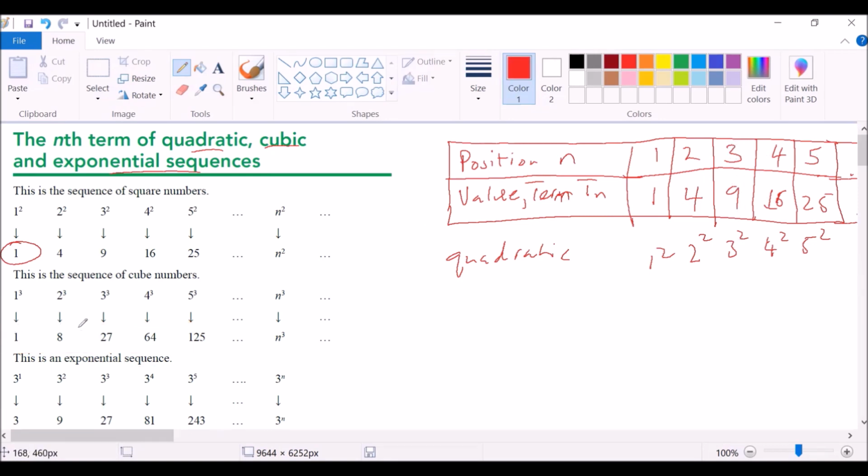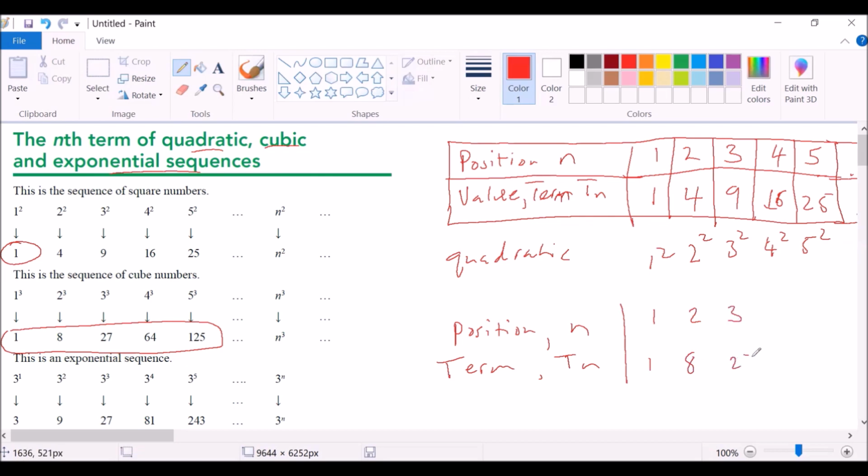For this sequence here, we are given position n and our term Tn. At position 1, we have 1. At position 2, we have 8. At position 3, we have 27. At position 4, we have 64. At position 5, we have 125.